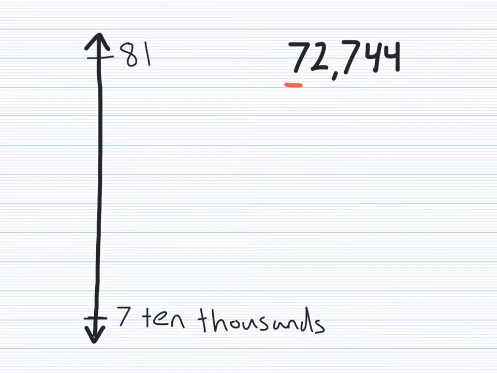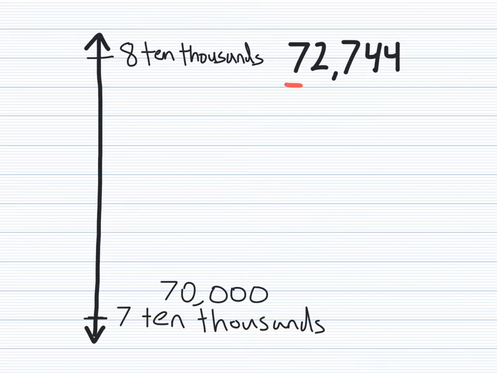And that would be 8 10,000s. So when I write those in number form, this would be 70,000, and this would be 80,000. My midpoint, halfway between 7 10,000s and 8 10,000s, would be 75,000.